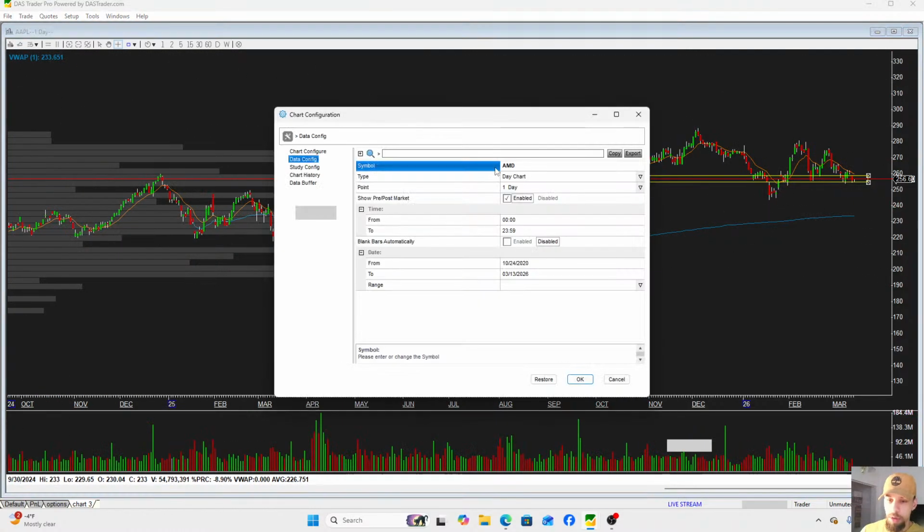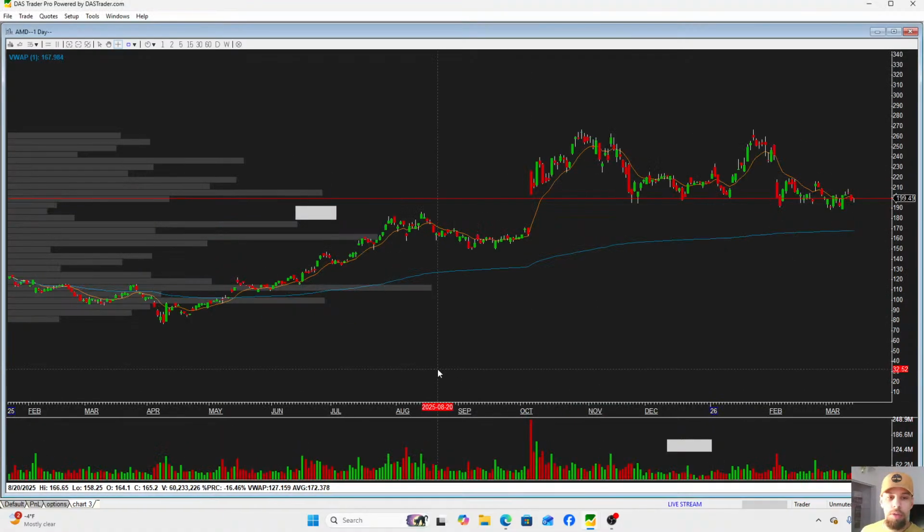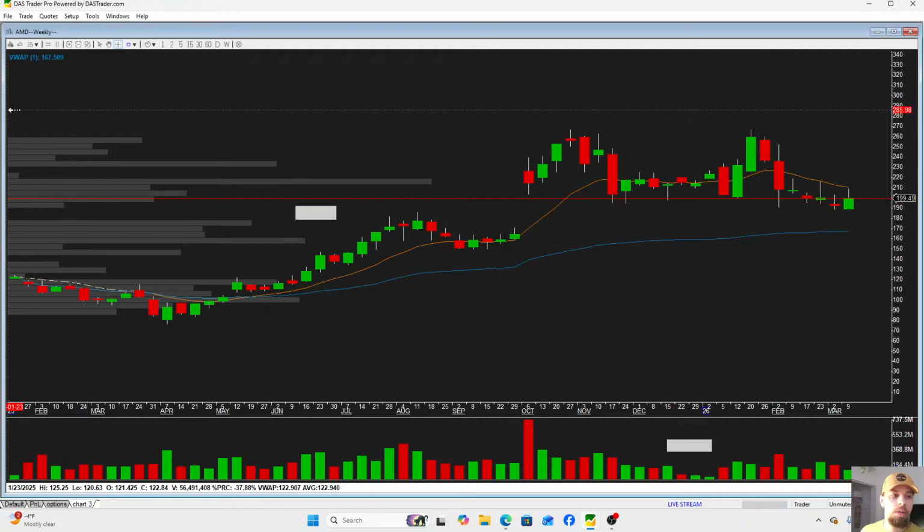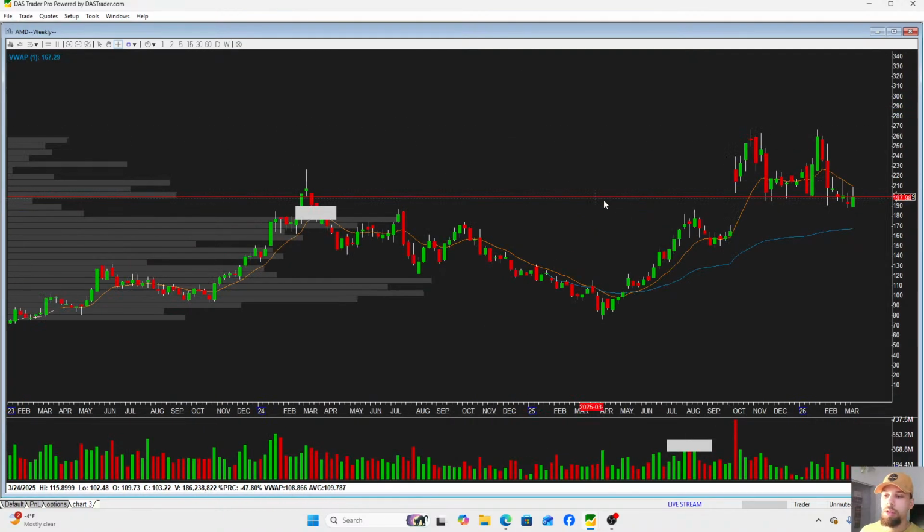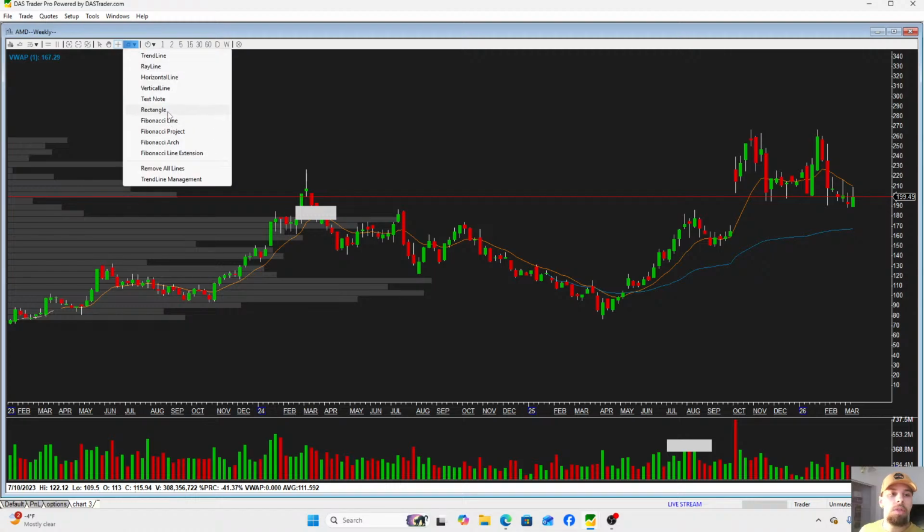Let's look at AMD. We have 8 minutes until the open. AMD just kind of sideways for the most part. There's a nice little gap here that AMD was testing and has kind of made its way back up. But let's draw some support and resistance on this guy as well.